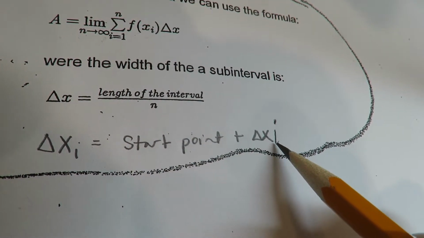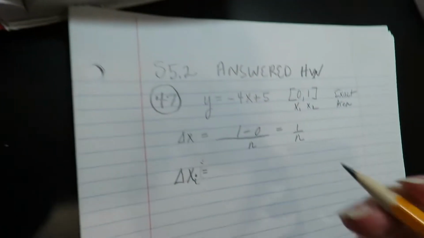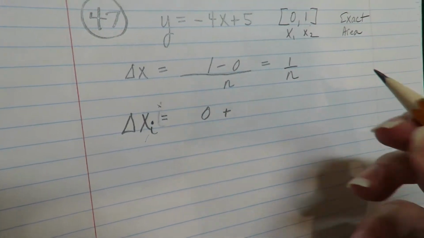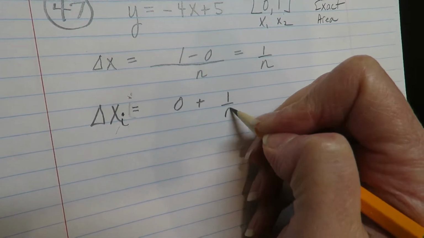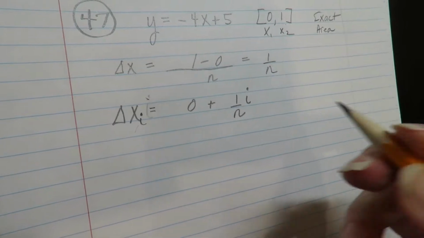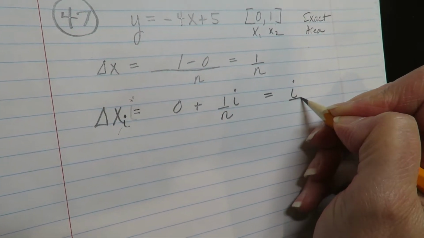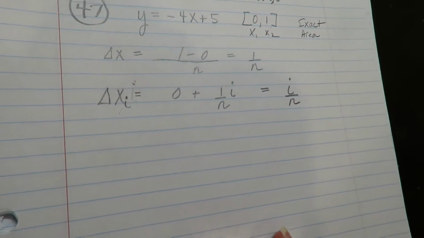Start point plus delta x i, you need the i on there. So the start point is 0 plus delta x, which is 1 over n. You've got to times that by i, so we're going to write this as i over n.